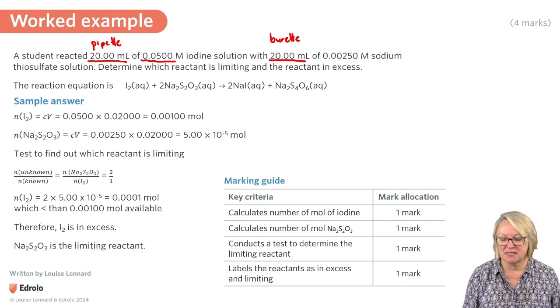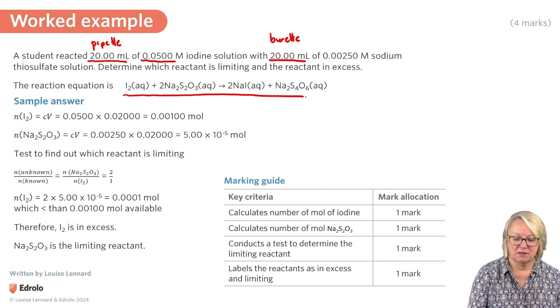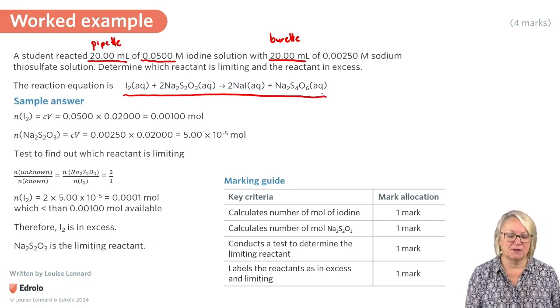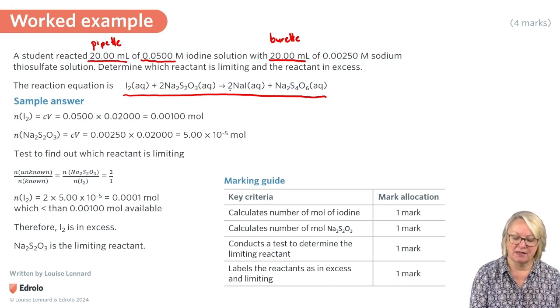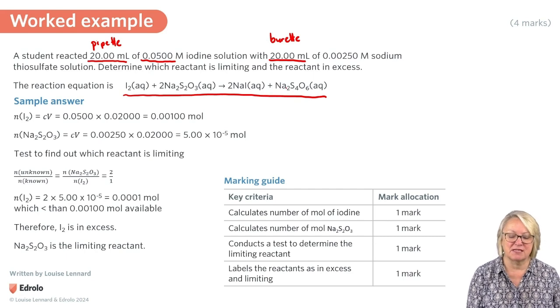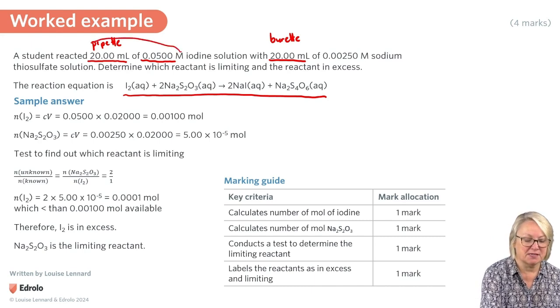Determine which reactant is limiting and the reactant in excess. So the reaction equation was given. So iodine, 1 iodine, 2 Na2S2O3, 2 NaI, and 1 Na2S4O6. So we know two things about the iodine.